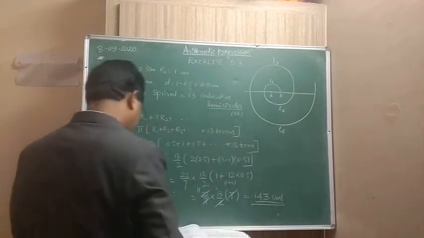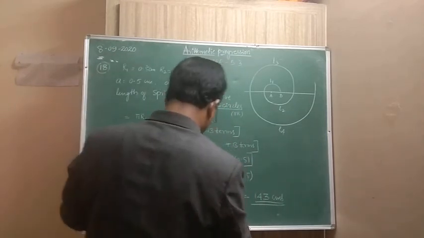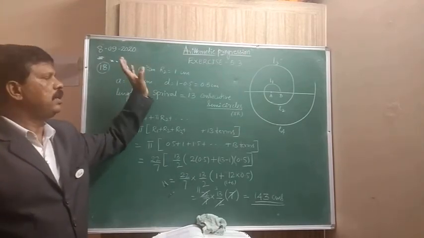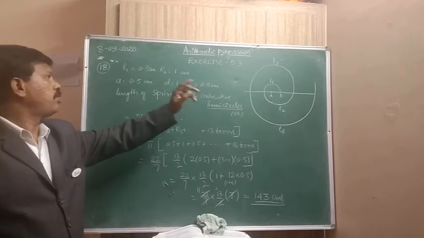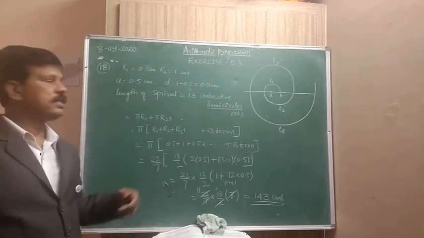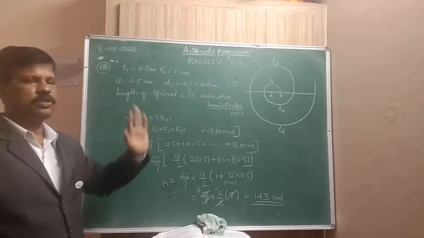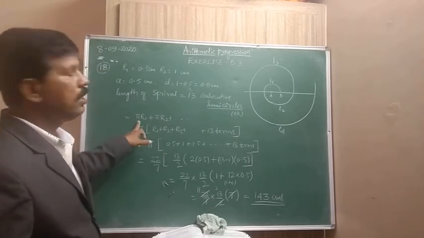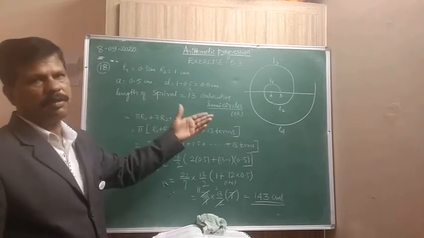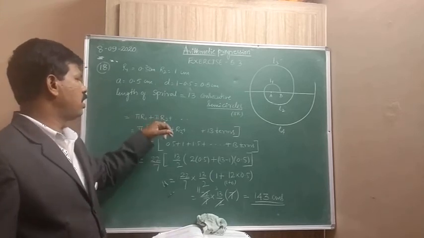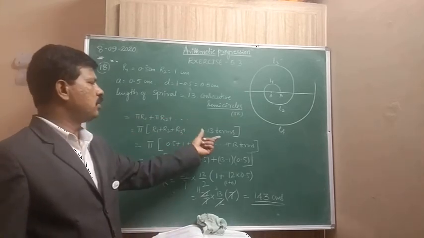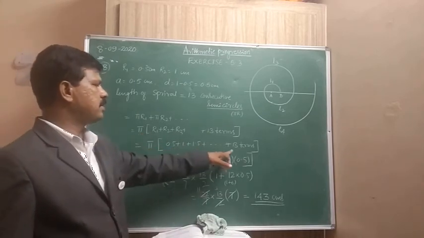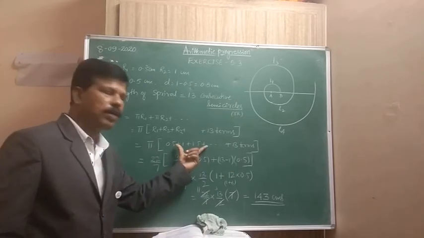So what is the length of the 13 consecutive semicircles? The first radius is 0.5 centimeter, the second radius is 1 centimeter, like this for 13 consecutive semicircles. The length of a semicircle is pi r, so you take the radii as r1, r2, r3 etc. up to 13 terms: 0.5, 1, 1.5 etc. See, this is one AP.